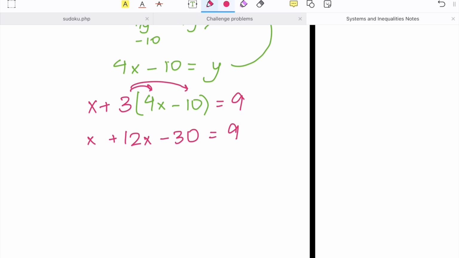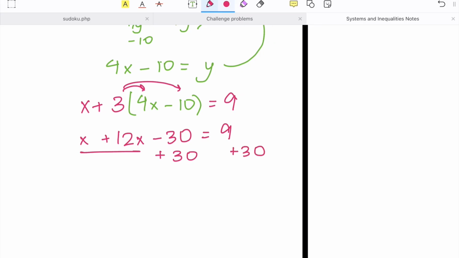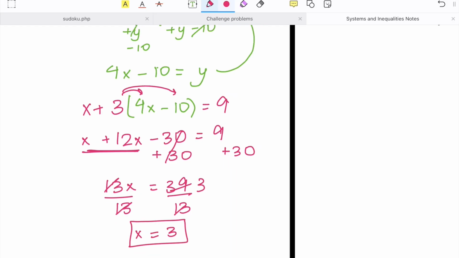I'll move like terms to one side. So add 30 over here. Add x plus 12x, which will give me 13x. Minus 30 plus 30 is 0. 30 plus 9 is 39. Divide by 13 because I want to isolate my x. And I get x is equal to 3, right?